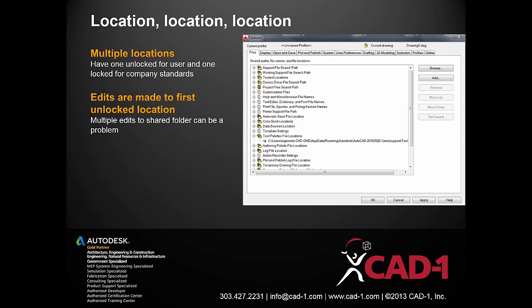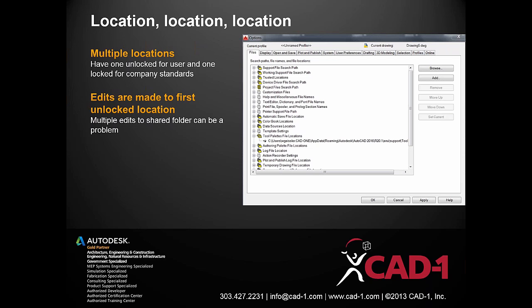We would need to take a look at what's going on, because you should, and I don't even know if there's a setting inside of Windows, like a locking kind of setting, that will keep that from happening. Daniel, would you be kind enough to take some screenshots of exactly where you're right-clicking and what you're doing, and email those over to tech support: tech.support@CAD-1.com. I'll type it into the screen here.